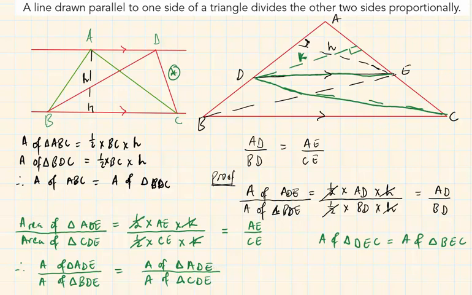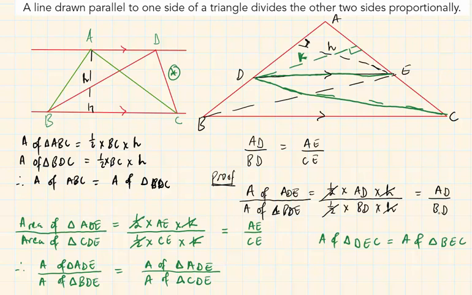I hope you understand that if this area is constant in the numerator and these two denominators are the same, then the quotient is constant. Those two are going to be equal to each other.